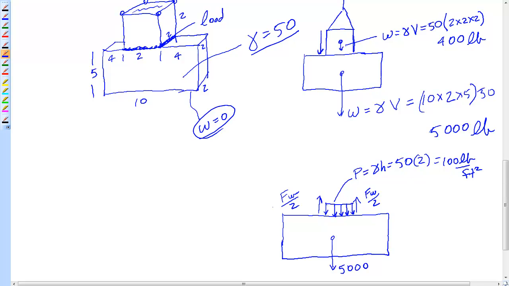But it's applied over a square, a 2 by 2 square, so the equivalent force is 100 times 4, that's a 400 pound force shoving down.